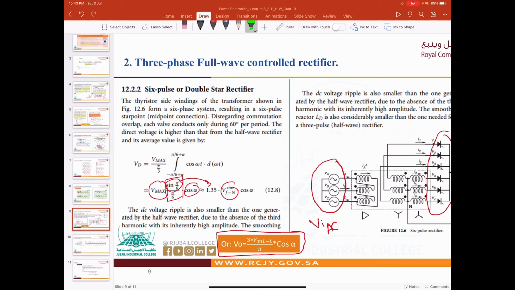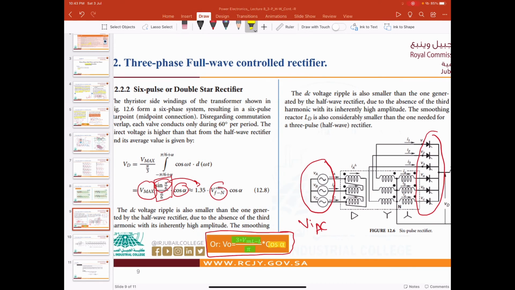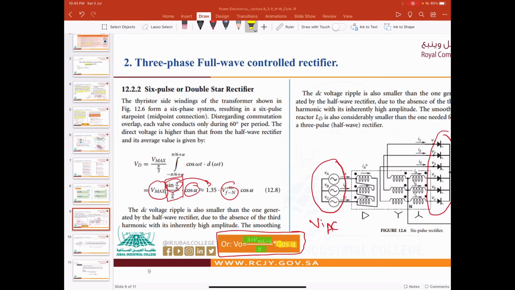This is the same formula as for the 3-phase full wave uncontrolled rectifier, but we multiply only by cosine alpha in order to find the controlled rectifier. This is the only difference between those two.